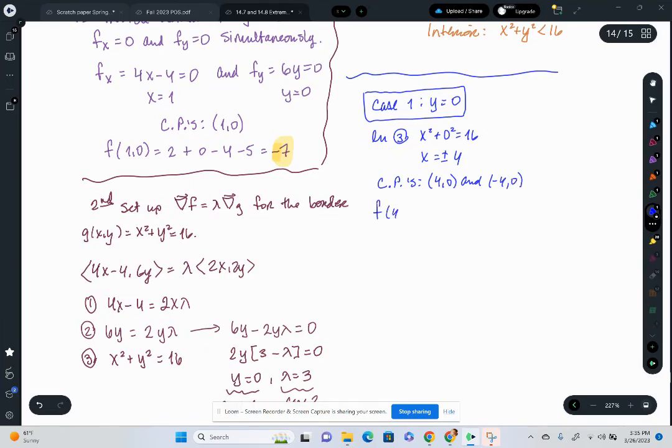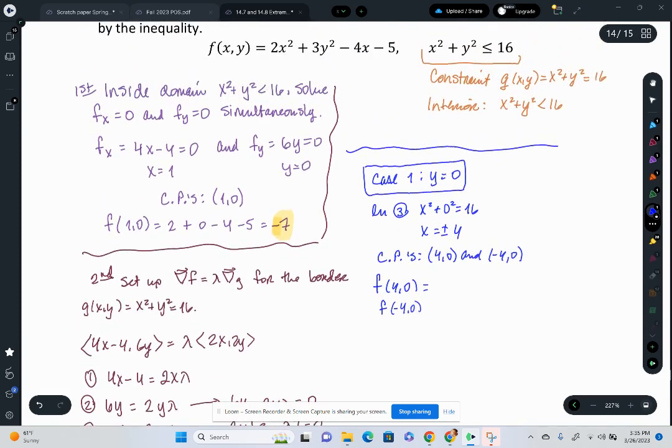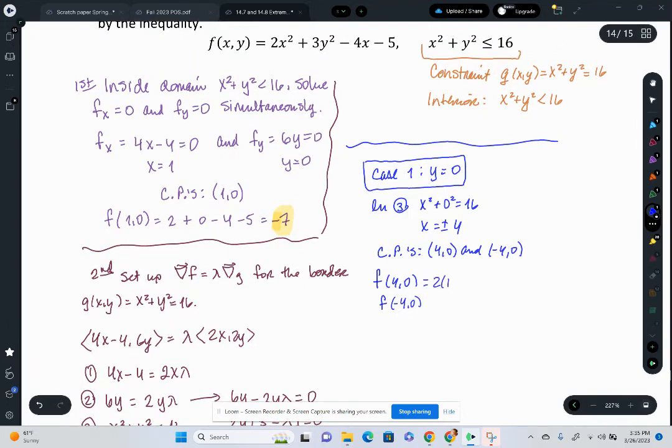And the function values, I need f of (4, 0) and f of (negative 4, 0). F of (4, 0), let's see, we're plugging it in. We've got 2 times 16 plus 3 times 0 minus 4 times 4 minus 5. And I've already done the math on that.